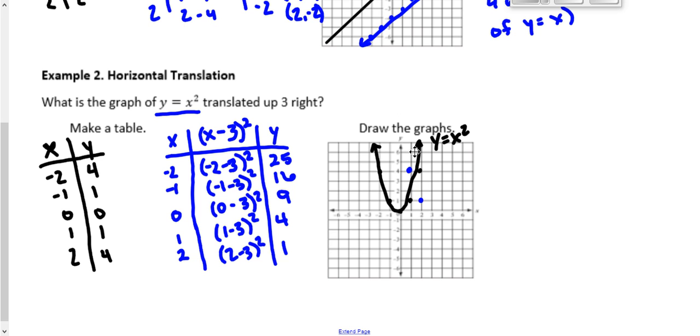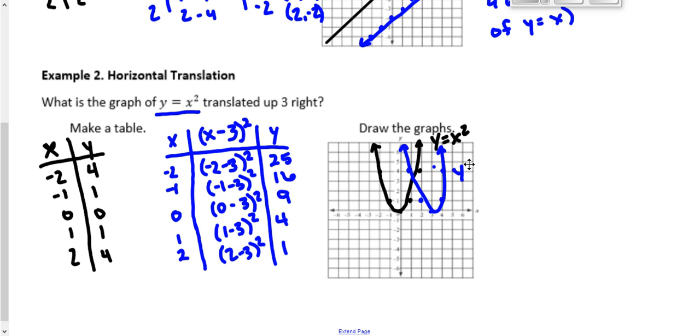And judging by this, if you look, this is 1, 2, 3 units to the right of that, 1, 2, 3 units to the right of that. If I just took these 3 units, you would see that it really is that image just moved 3 units to the right. Okay, so we would be looking at the same parabola, only moved 3 units to the right.